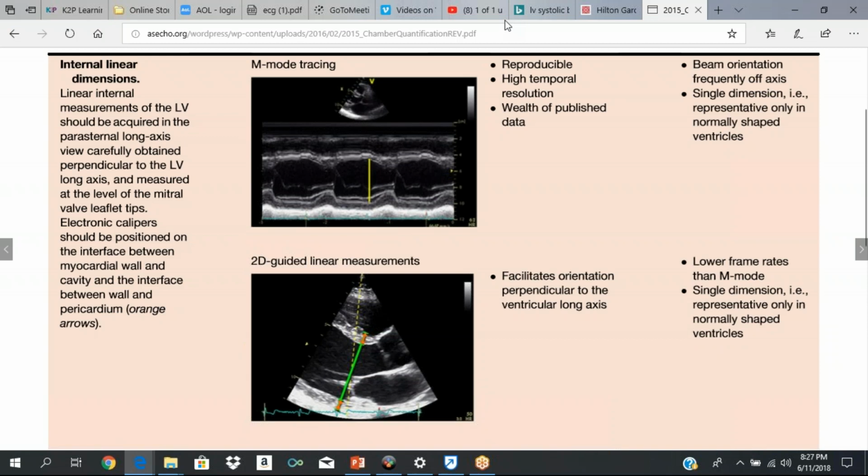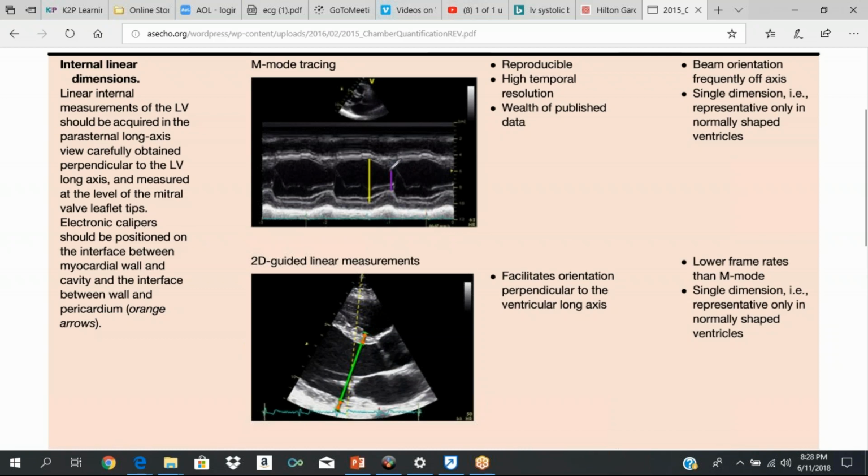Your systolic dimension now would be from the lowest portion of the septum, and if you come vertically downward from there to there, that would be your LV systolic dimension. So you just get the lowest point of the septum, because in systole the septum moves towards the posterior wall.